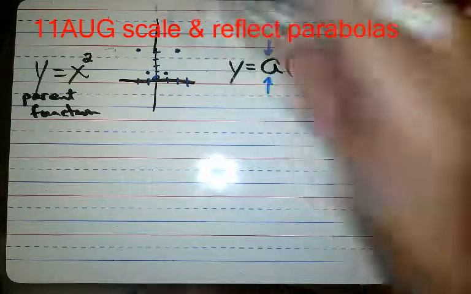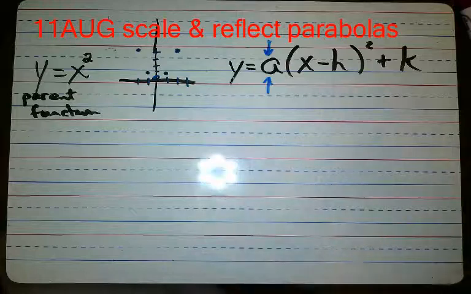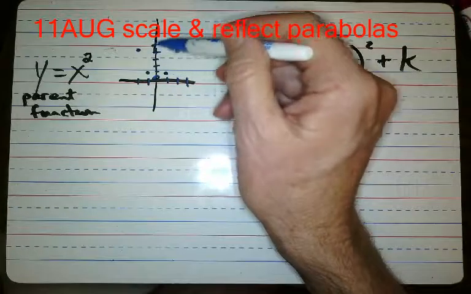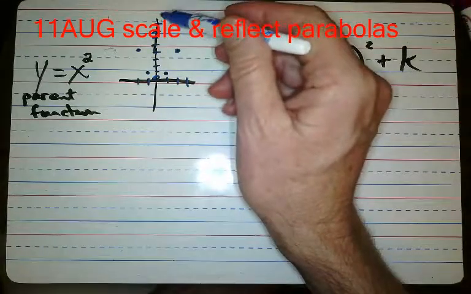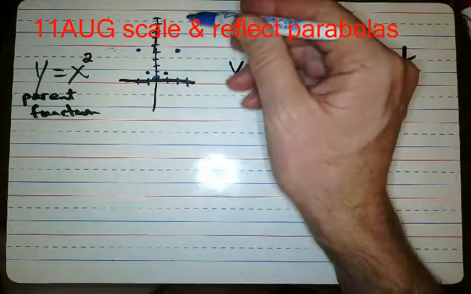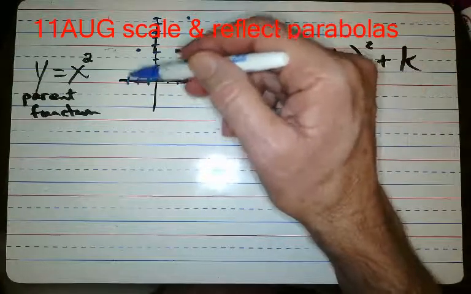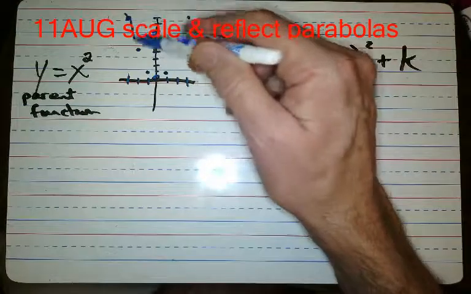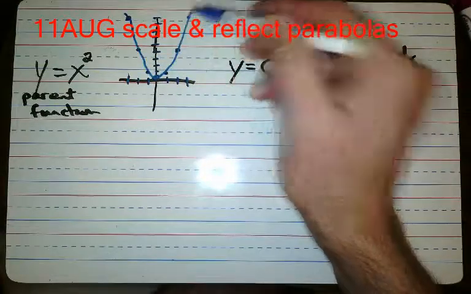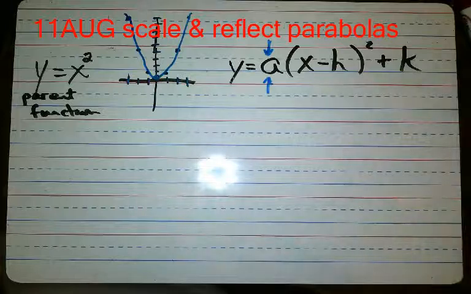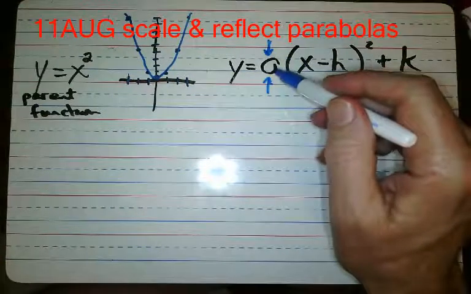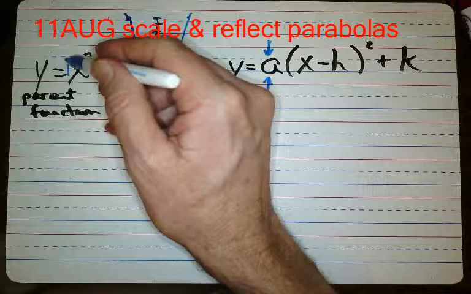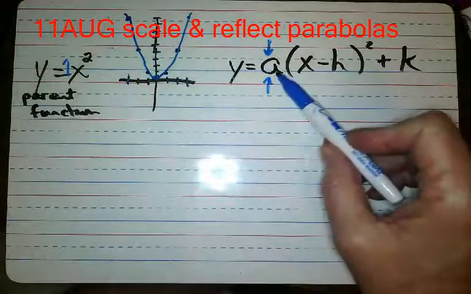There's nothing special about 4, 5, 6, 7, 8, 9, so way up there and way up there. This is my normal parabola, where the number in front is 1.